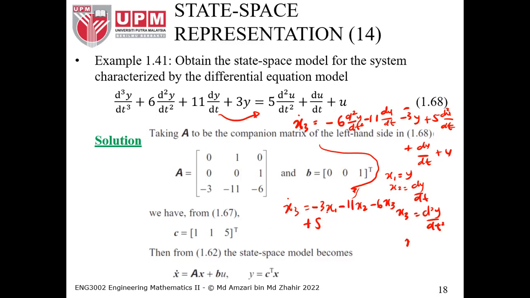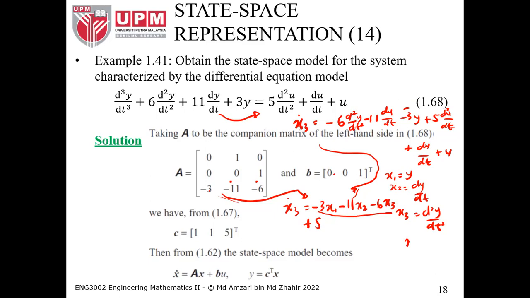Okay, from here, this first x equation we can put in terms of the matrix equation. We know that for x, the matrix will be 0 1 0, 0 0 1, then the x3 row will be based on here: negative 3, negative 11 and negative 6.